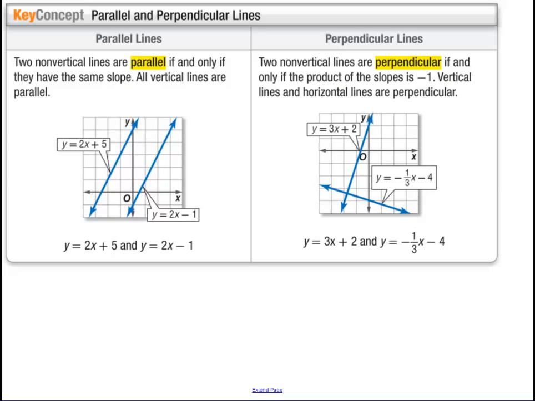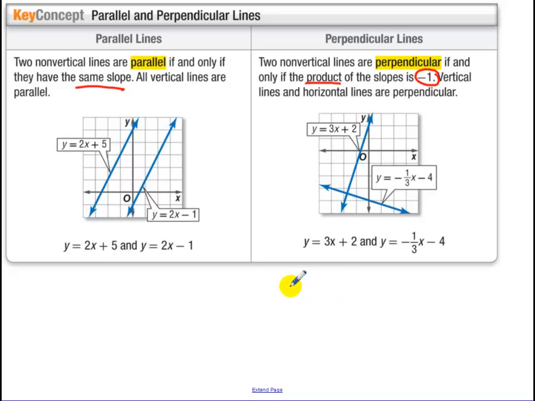Parallel and perpendicular lines. 2 lines are parallel if they have the same slope. That means they're going up at the same rate, they're never going to intersect. 2 non-vertical lines are perpendicular if the product of their slopes is -1.